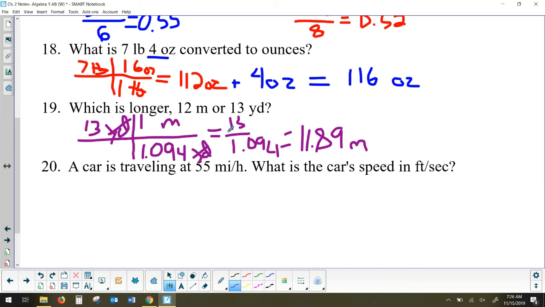So, 13 yards into meters is only 11.89. So we look, which was greater, 12 meters or 13 yards? Our 12 meters was longer.